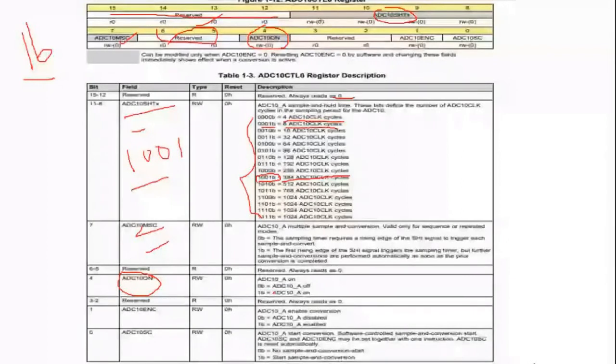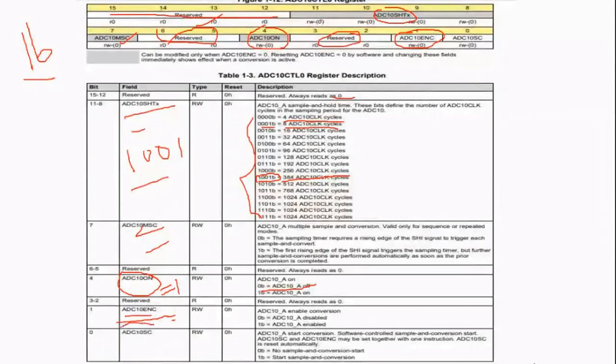If the value is 1, it means that ADC is on. Again, you can check that bits 3 to 2 are reserved. Bit 1 is ADC10 ENC. ADC10 ENC means enable conversion. So when you want to enable or disable conversions: if the value is 0, it is disabled. If the value is 1, it is enabled.